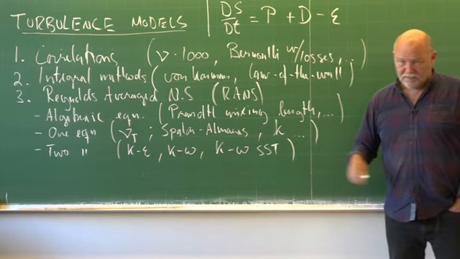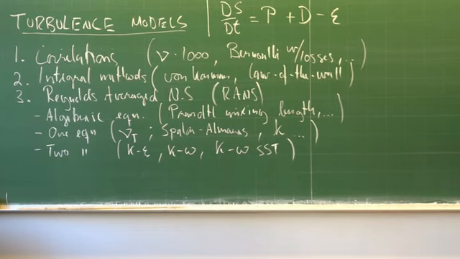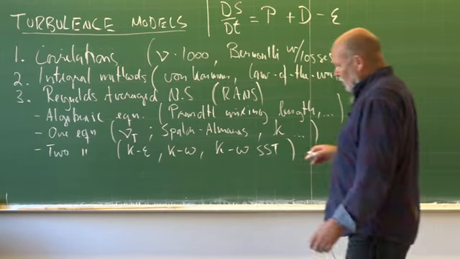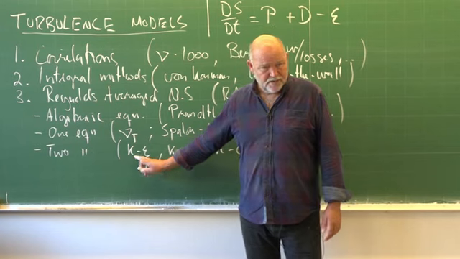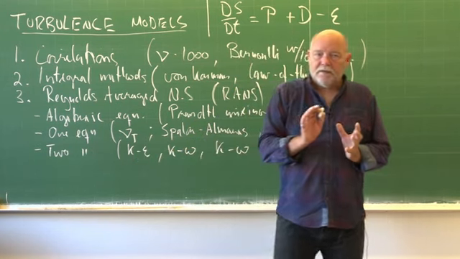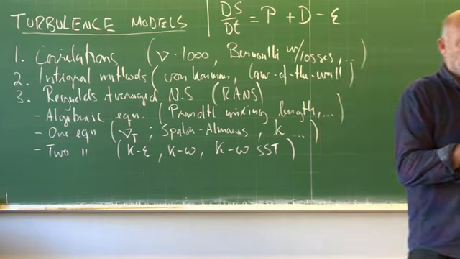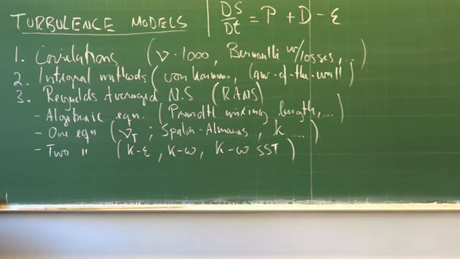The last one, much more modern, is a mix between the two first ones, trying to use where these different models are good. Typically, in general terms, K-epsilon is very good in describing external flows. Flow around a car, around a house. The K-omega is much better for internal flows, inside a pipe or a channel or something like that.